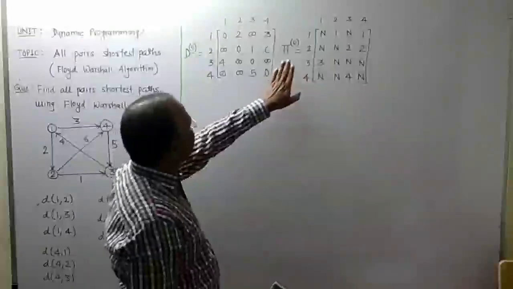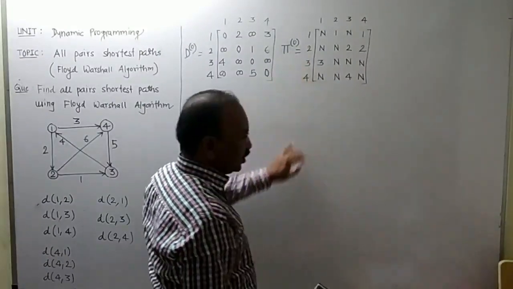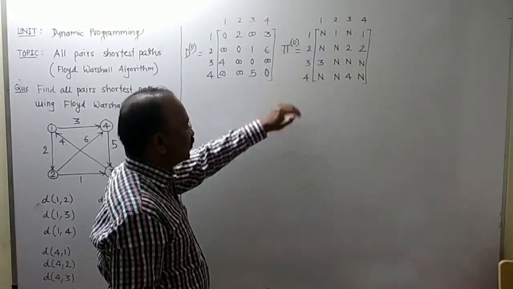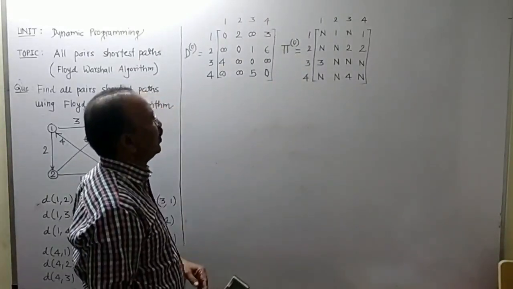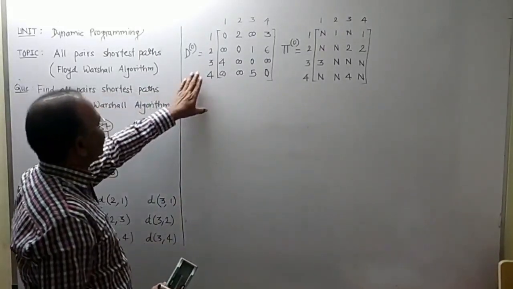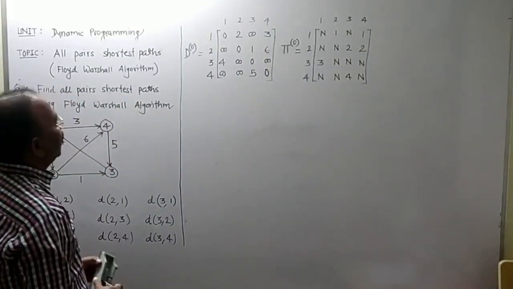And the predecessor matrix gives us the vertex just before the destination on the shortest path, right? Now here we will discuss how we have got D0 and the pi 0.